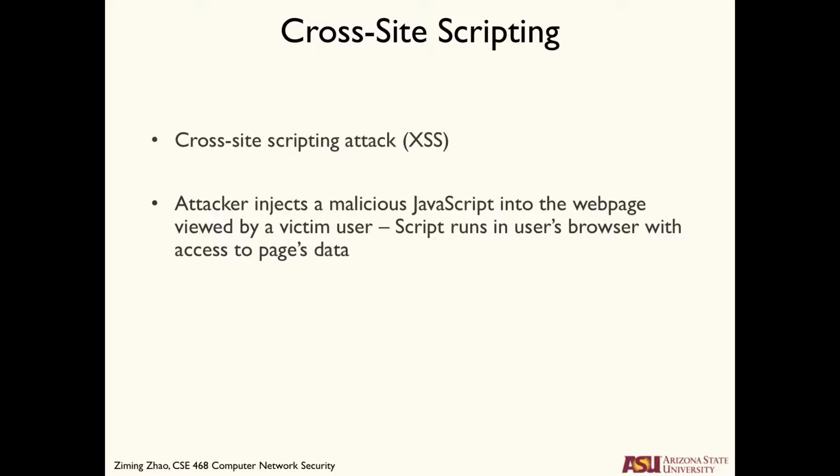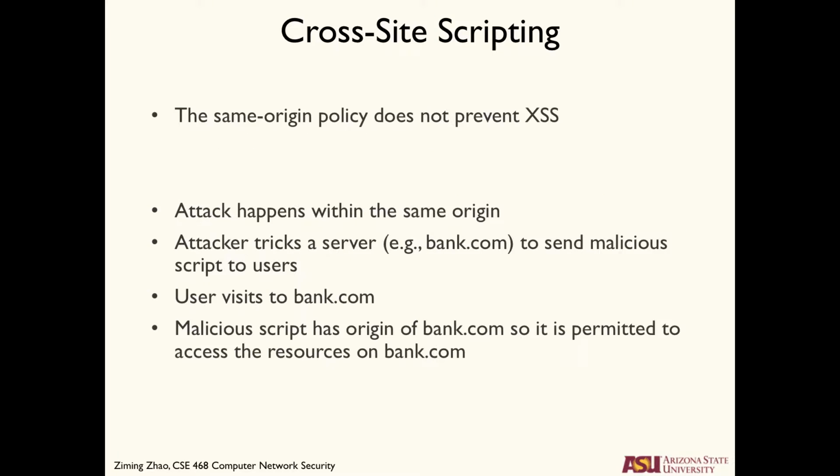But the same origin policy cannot stop this cross-site scripting technique, because when you use cross-site scripting, the attack actually happens within the same domain, same origin. So basically, the attacker needs to somehow trick the server.